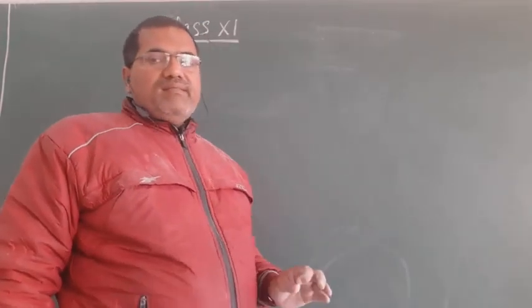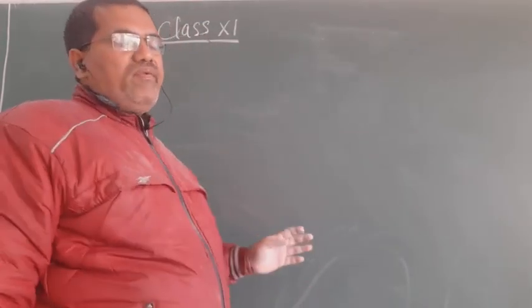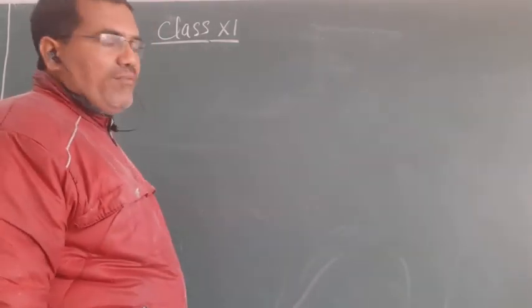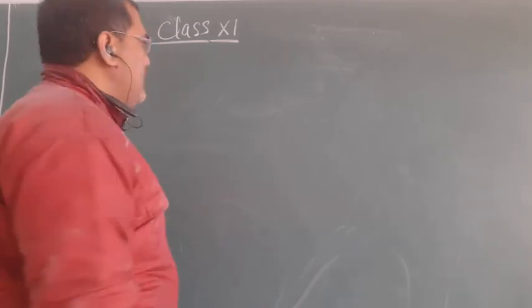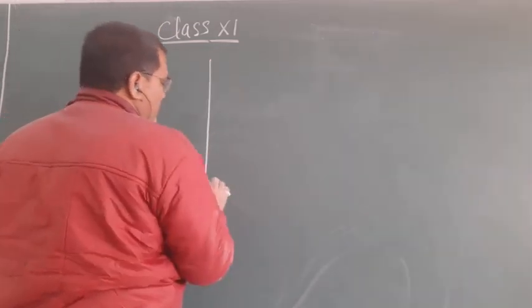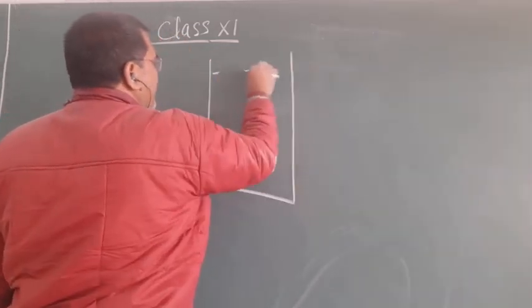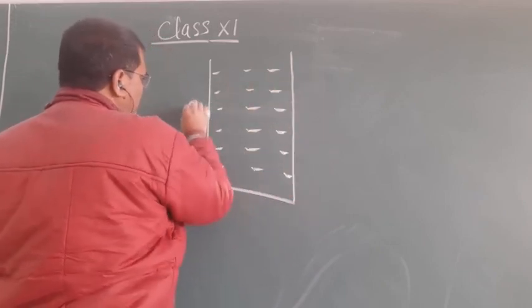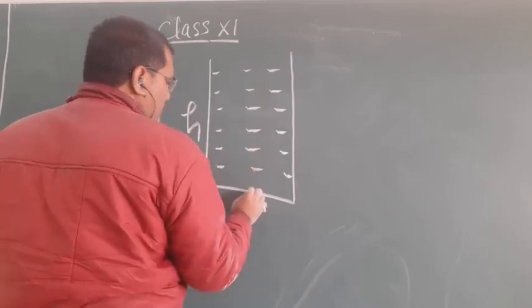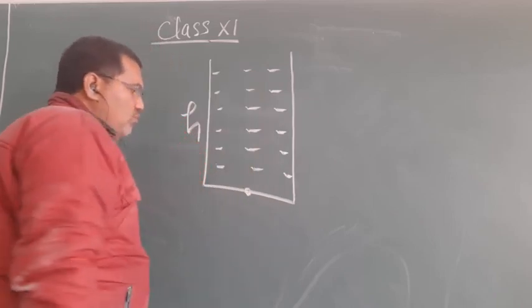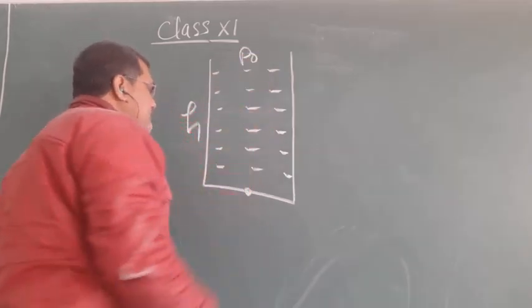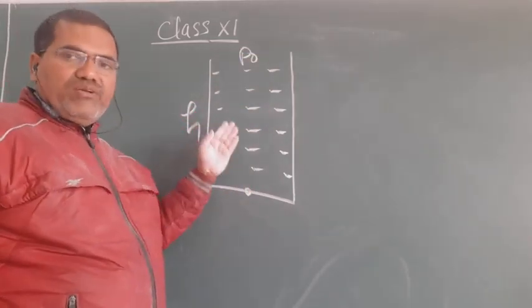Today our topic is pressure variation in different cases. We have already seen that if a liquid is filled up to height h, then at the bottom there would be pressure due to atmospheric pressure as well as due to the liquid column.